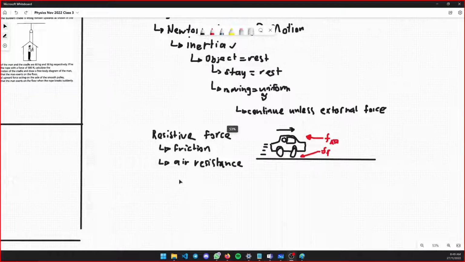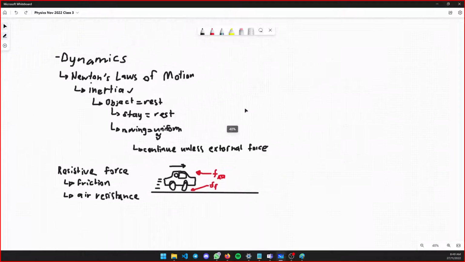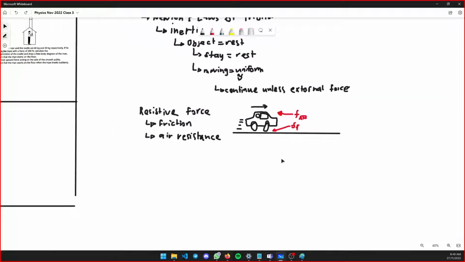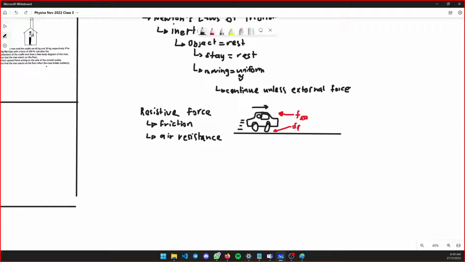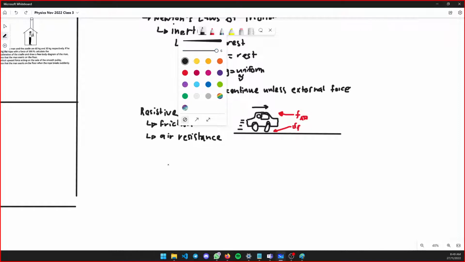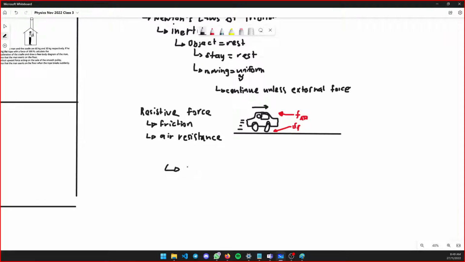Before you attempt this question, you have to know the second thing about this guy, Mr. Newton, who's known for a lot of things. The second thing he is known for is the second law.